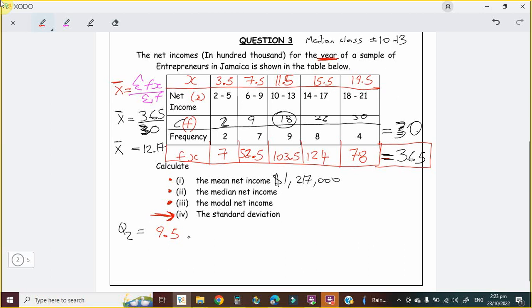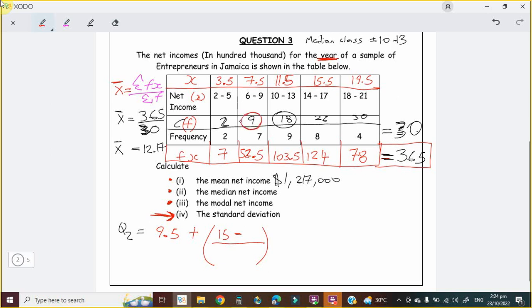Good. So 9.5 plus 30 divided by 2, minus. No, remember, up to is just before.